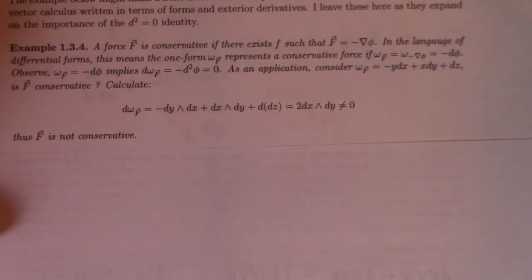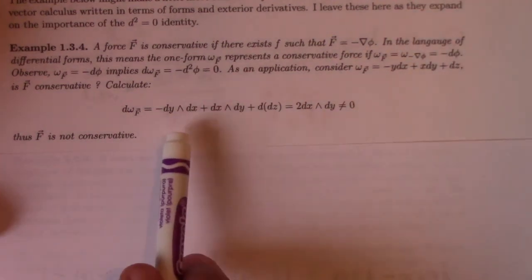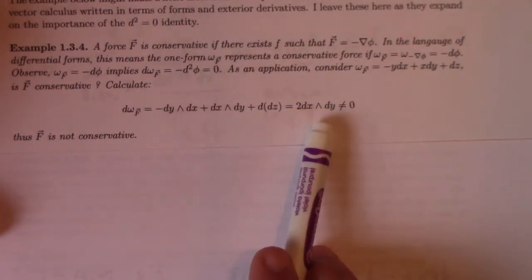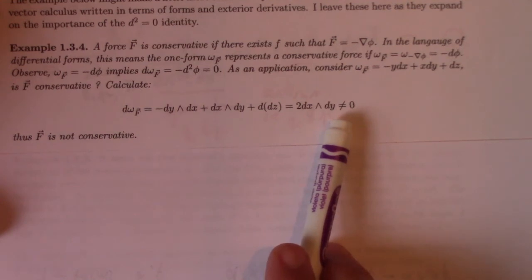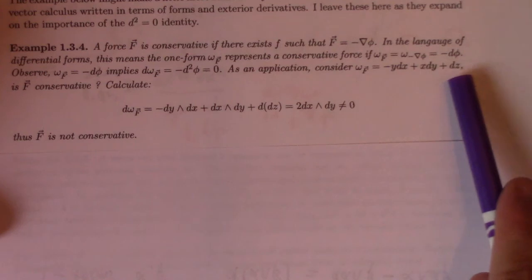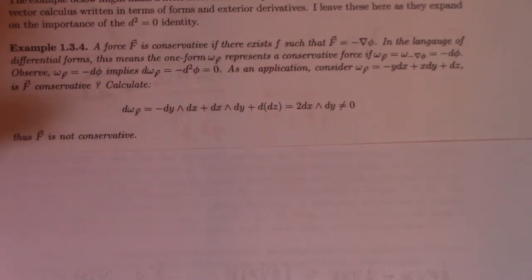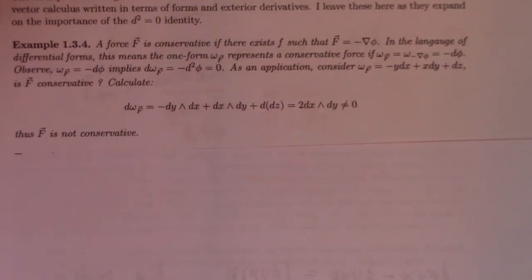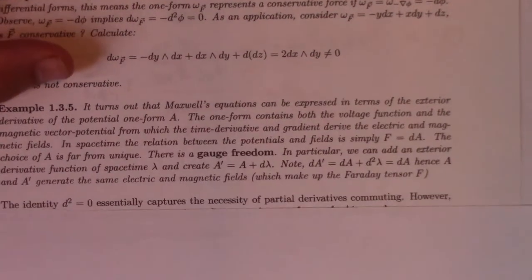So for example, for omega f equal to minus y dx plus x dy plus dz, I can take the exterior derivative, like so, and I get 2 dx wedge dy. That's not 0. Consequently, the force which corresponds to this form is not conservative. So that's a simple criterion.